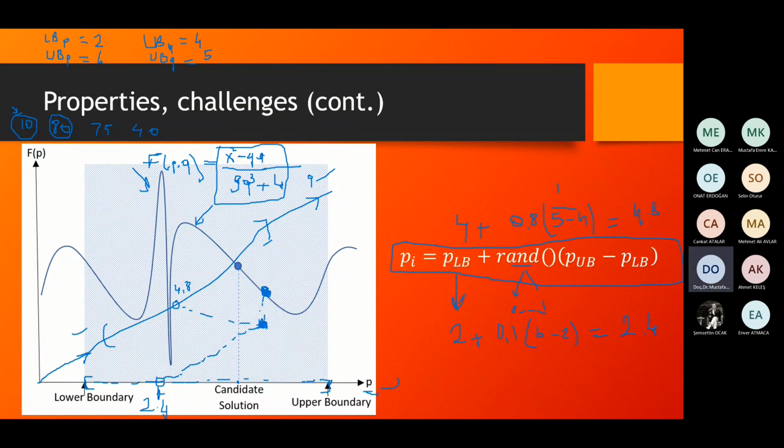Sorry, I wrote x in here, but actually it is p. Sorry for that. P square, because there is no x in here.